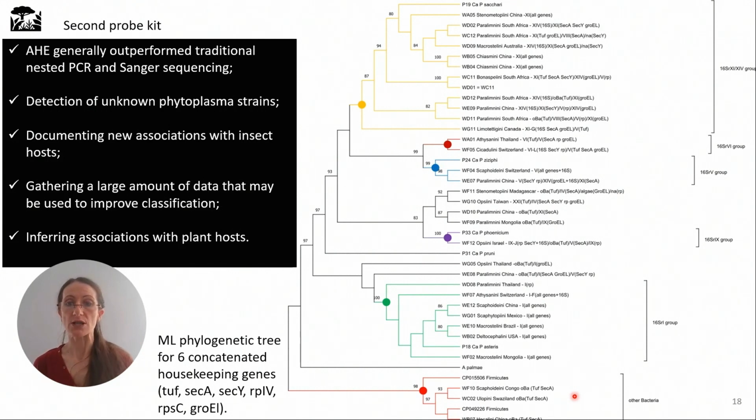and moreover, strains belonging to well-studied phytoplasma groups, such as, for example, group 1 and group 5, were better supported than other phytoplasma groups, such as group 11 and group 14. And this is pretty clear, and it is an indication that the more data are available in the literature, the better the results will be supported in the phylogeny, and more accurate.